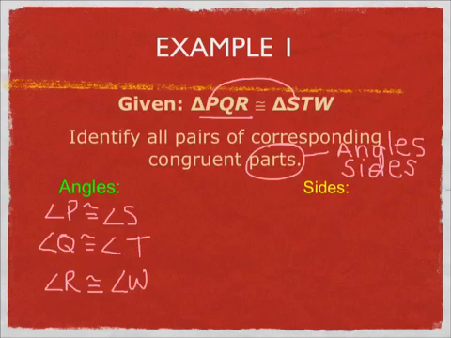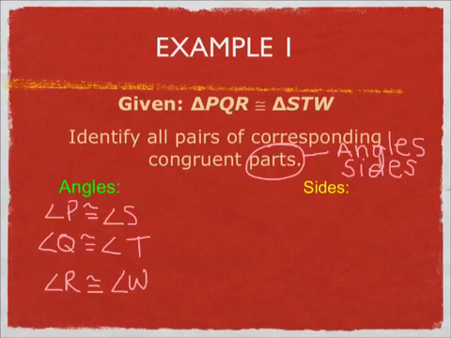Now let's look at sides. Sides are going to be a little bit tougher. Maybe just a little. How do we name sides? Luke? You have to name them with 2 parts and then the line segment. That's exactly right.